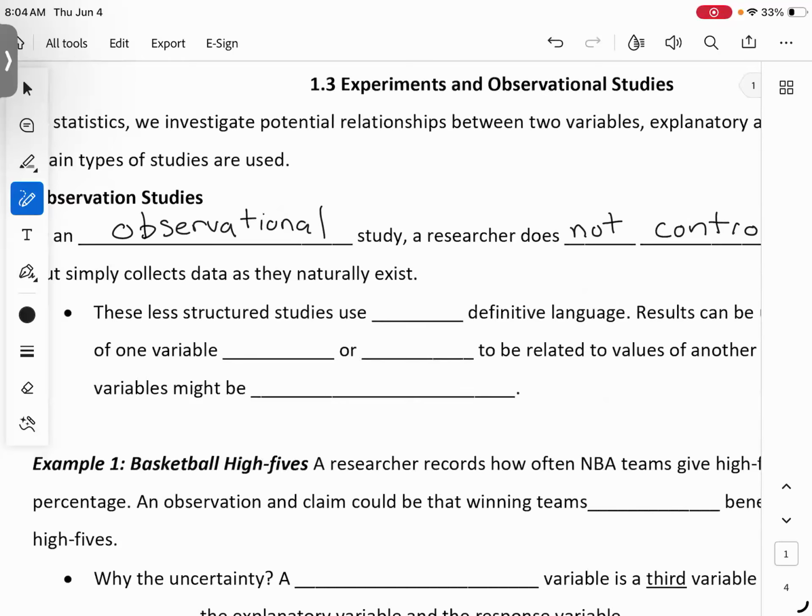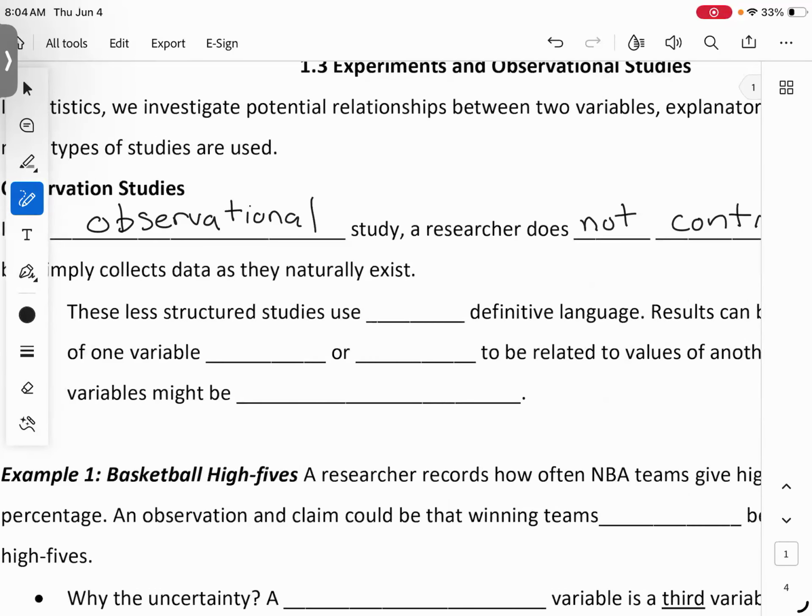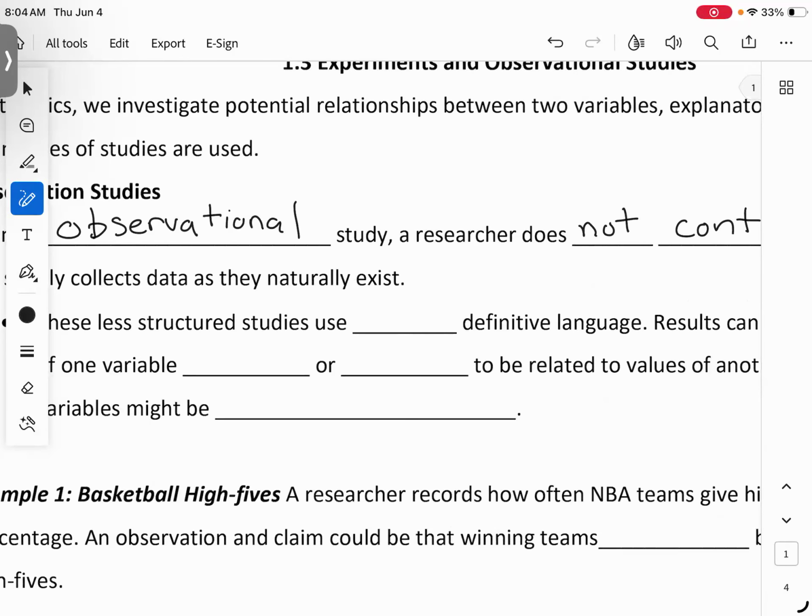Now, because of these observational studies being a lot more loose, a lot more free and fluid, just in their natural sort of how things happen, when you come upon your conclusions, those are said with less definitive language. I'll give you a couple of words that are often used: words such as seem or tend.